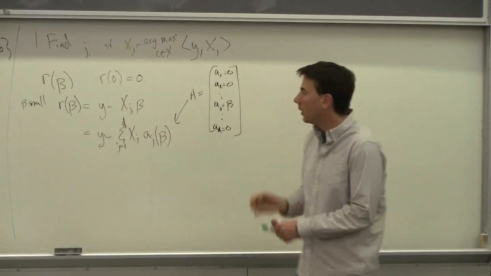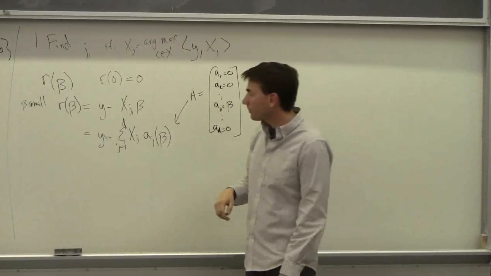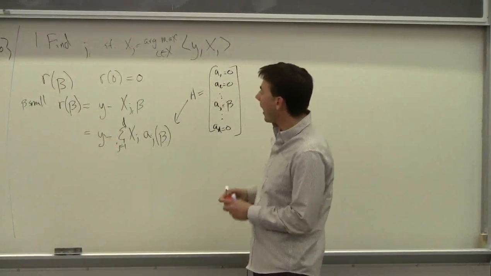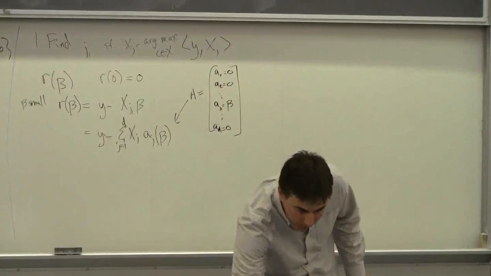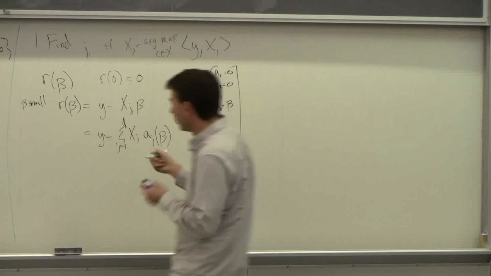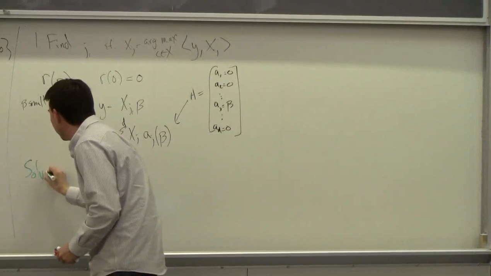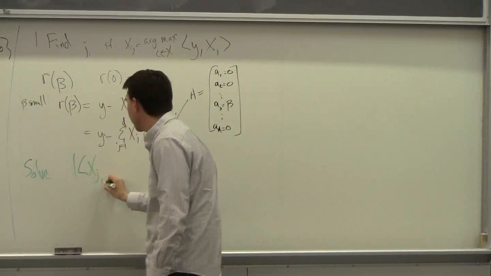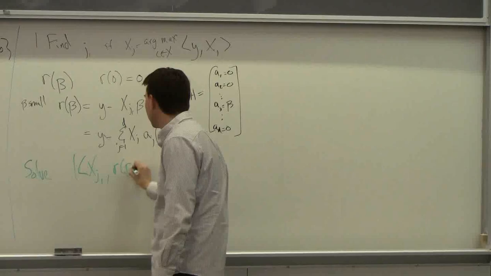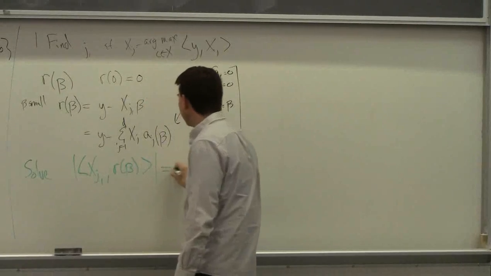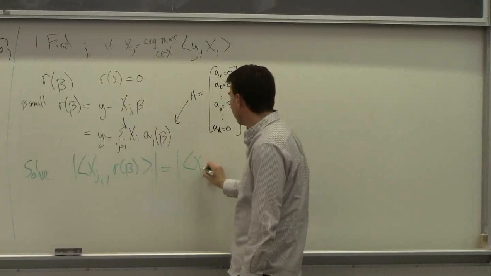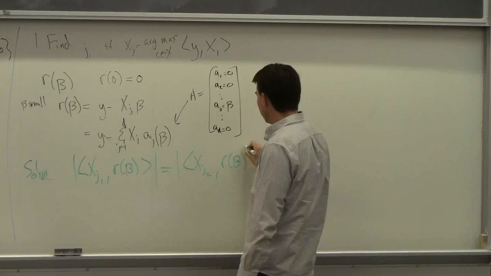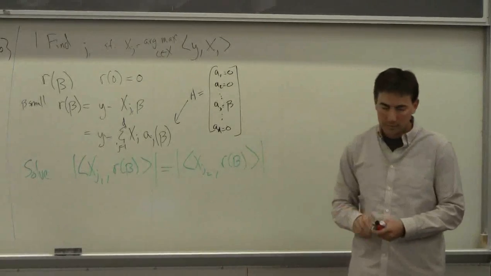And what I want to do, when using this r, is to solve for where the magnitude of xj1 r of beta is equal to the magnitude of xj2 r of beta.